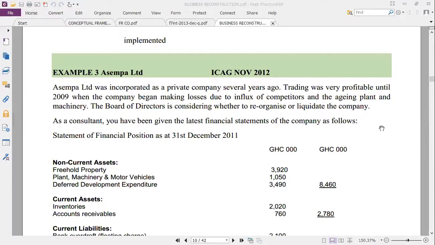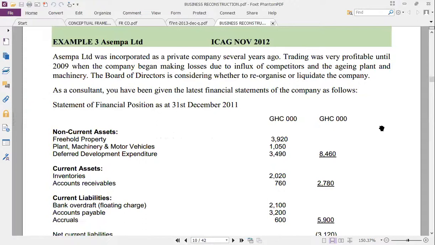So here, let's write the names of the assets, all assets, including cash. Freehold property, plant and machinery, deferred development expenditure, inventories, and account receivable. Let's start writing their names.